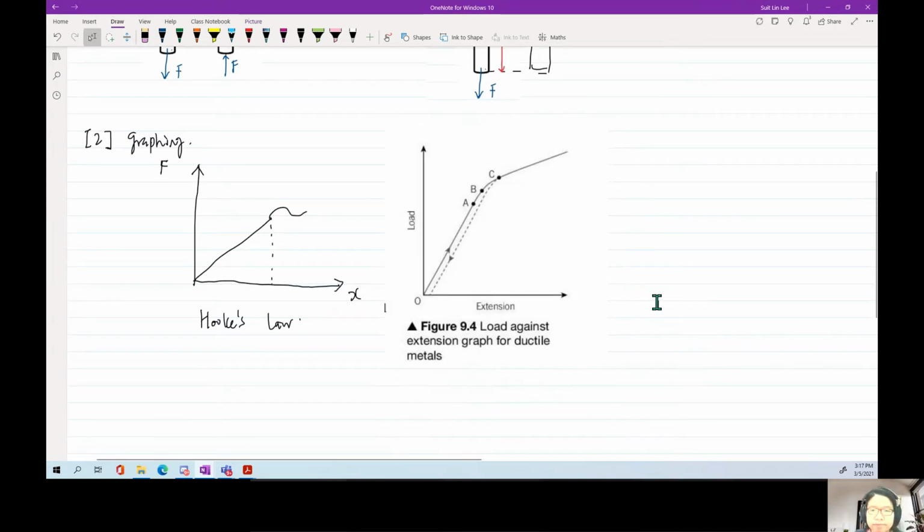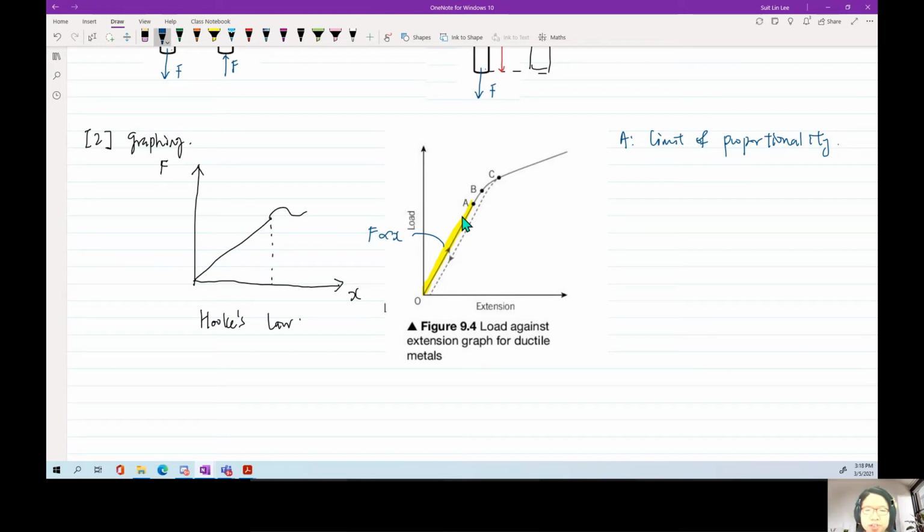Key points. So point A is what we call the limit of proportionality, because after that, F is no longer proportional to x. So all points from O to A, here to here, F is still proportional to x.